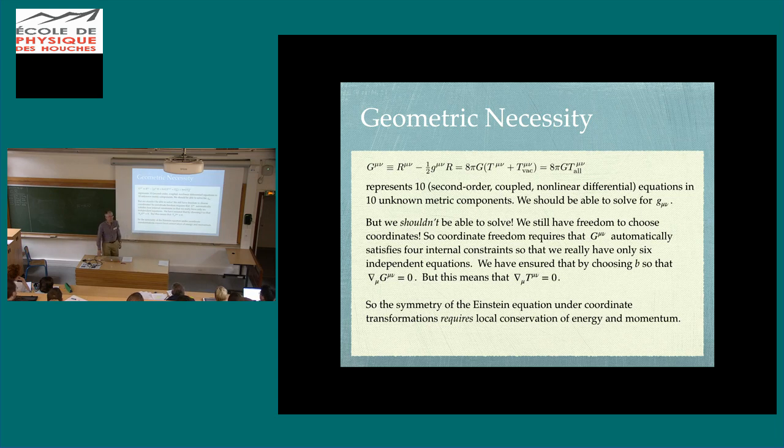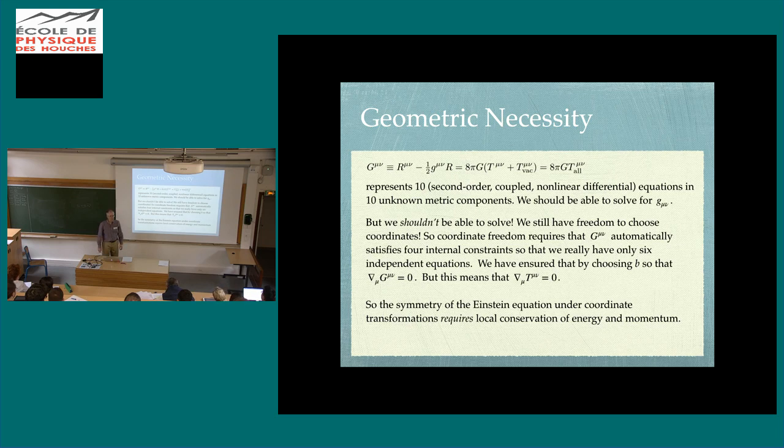And this does it. But if you think about it, this represents 10 second-order coupled nonlinear differential equations in the 10 unknown metric components. And in principle, you ought to be able to solve for the metric, right? 10 equations, 10 unknowns, no problem.